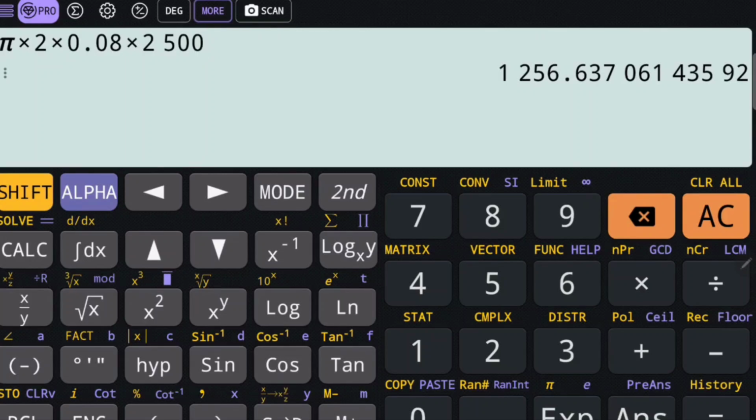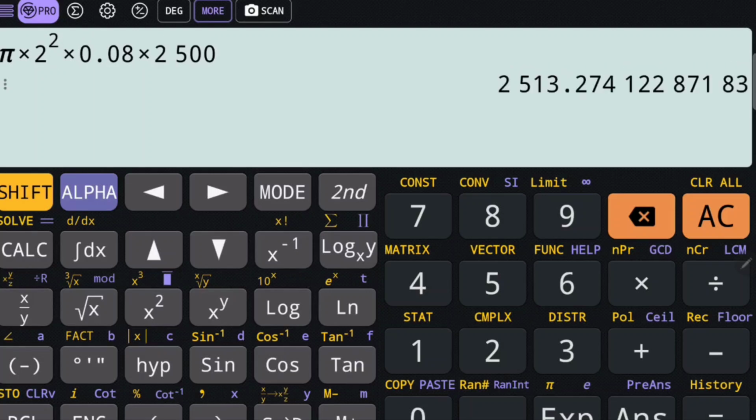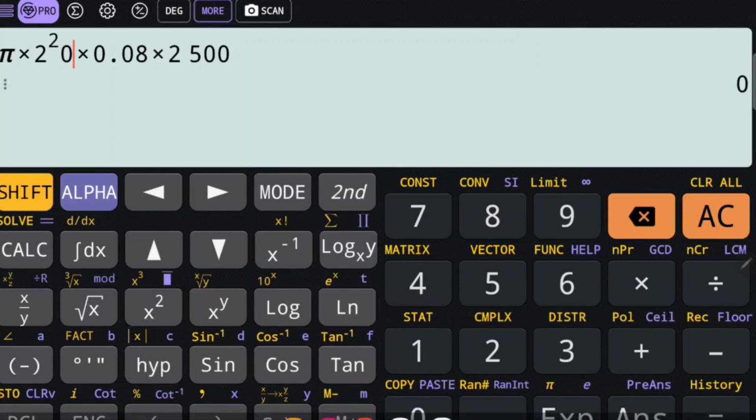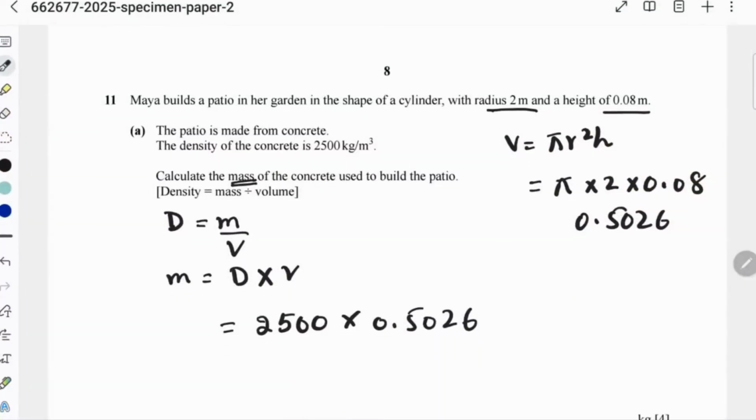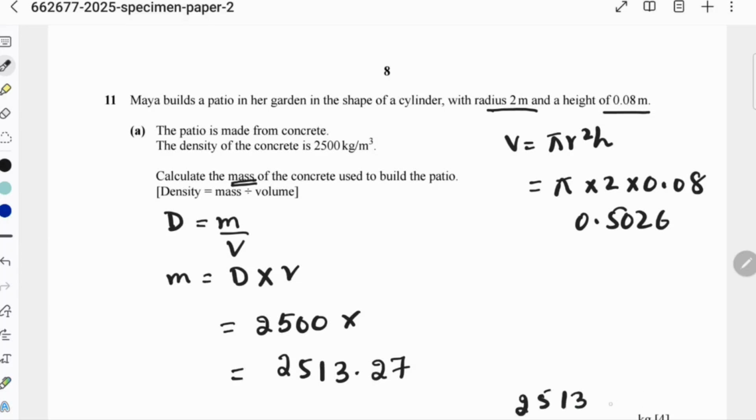Sorry, it was pi r square h. 2513.27 kg.